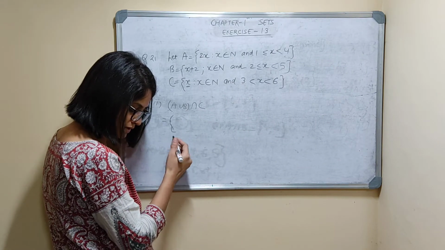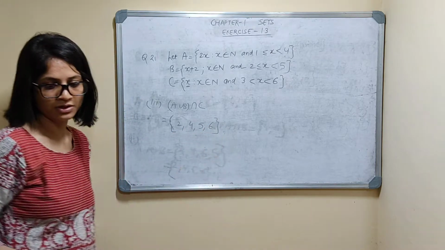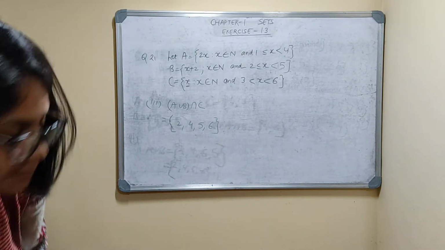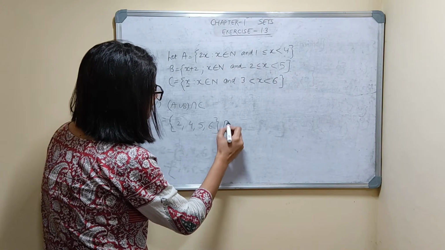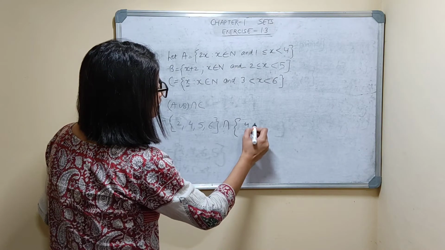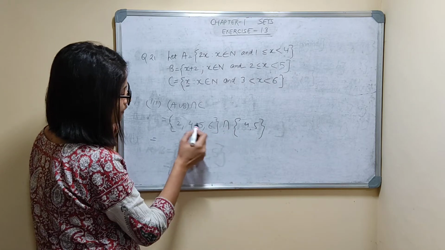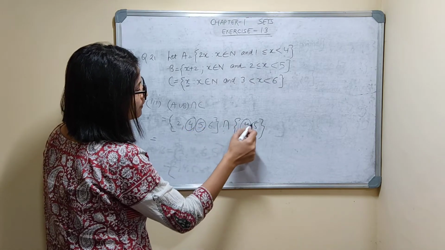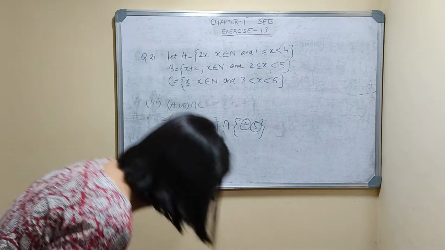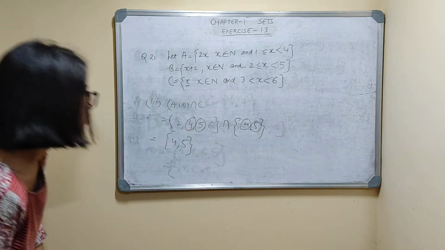Now only we wrote A union B is 2 comma 4 comma 5 comma 6, and intersection C is what? C is 4 comma 5. So 2 4 5 6 and 4 5. What is common? 4 and 5. So I can write 4 and 5 is the answer for the third part. It is A union B intersection C, that is 4 comma 5.